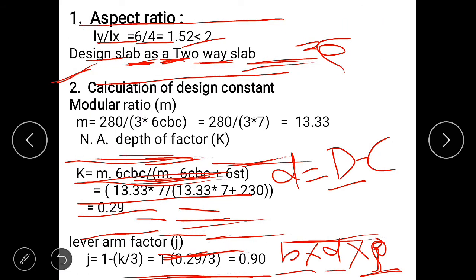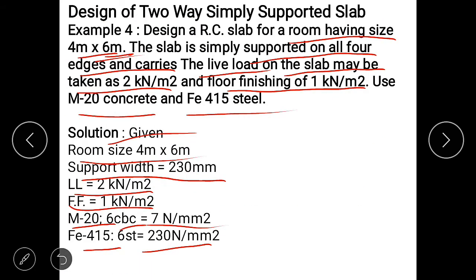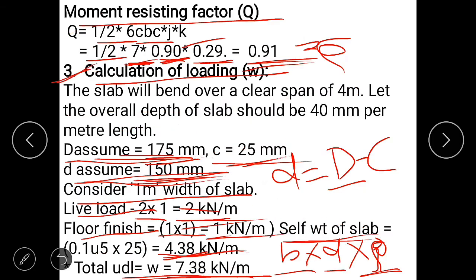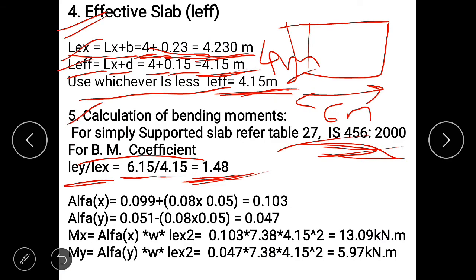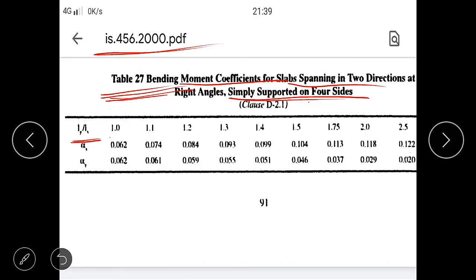In this problem the slab is simply supported on all 4 edges, so for that we use this table number 27. Our Ly by Lx ratio is 1.48.